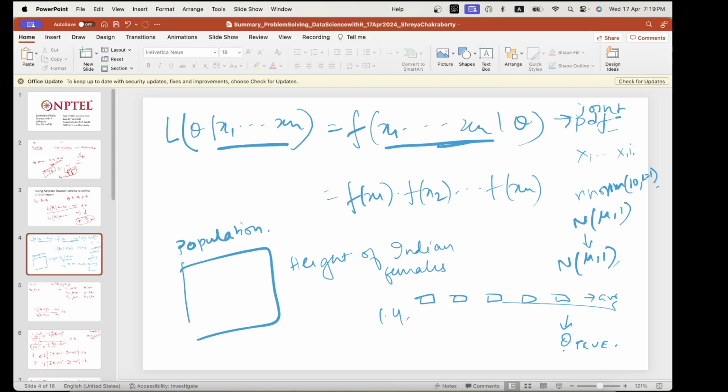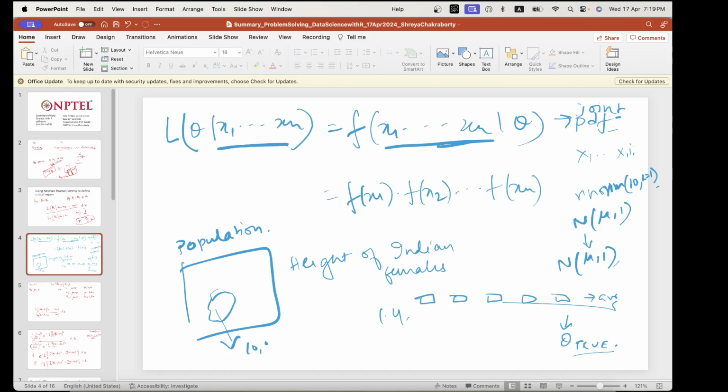So if I have to estimate the true value, what do I do? From the entire Indian population, I take a representative sample. Let's say from each of the states, based on their population proportion, I take that proportional number of females from all parts of India, and then I get the average height.